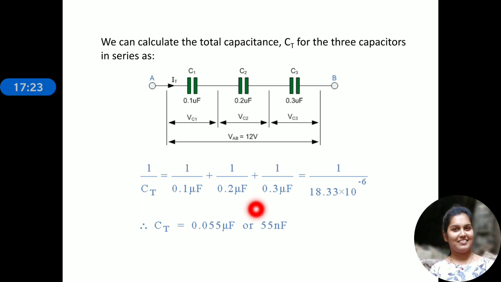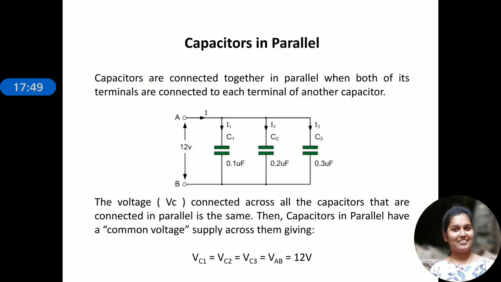And if the answer is less than the individual capacitances given in the circuit, then you are correct with your answer, right? So this is all about capacitors in series connection. Next we will see capacitors connected in parallel.